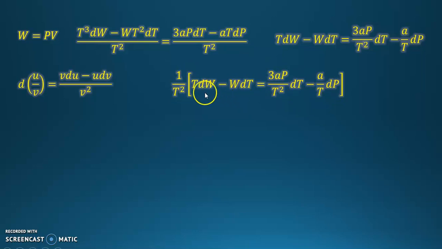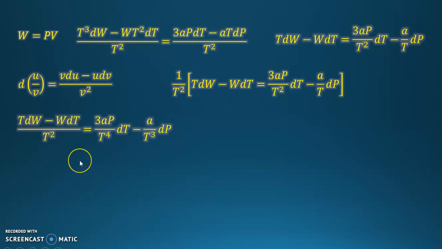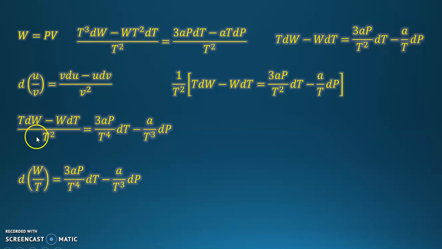If we do that, if we solve this multiplication, we get this expression in here. So now this term is very similar to this rule. So we're able to rewrite the expression like this. We have now the differential of a quotient, and the right side is the same.